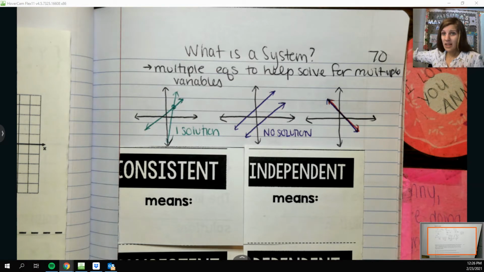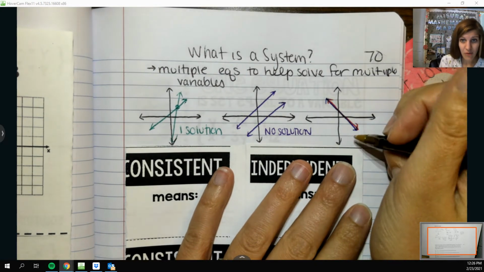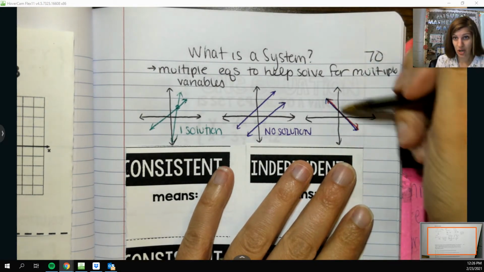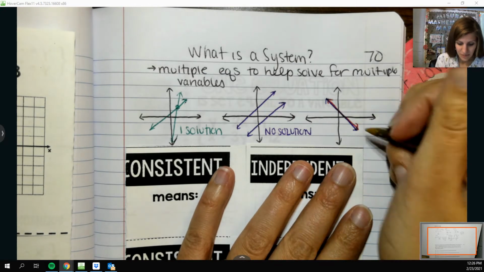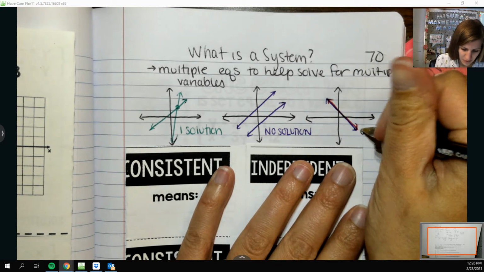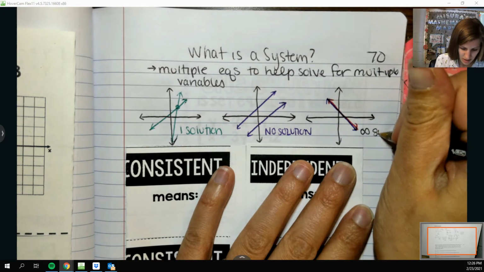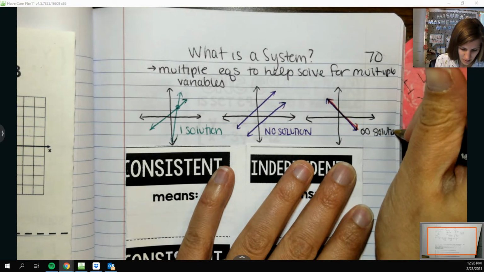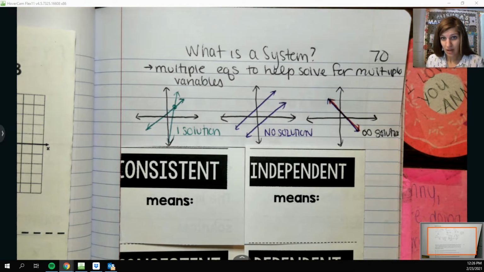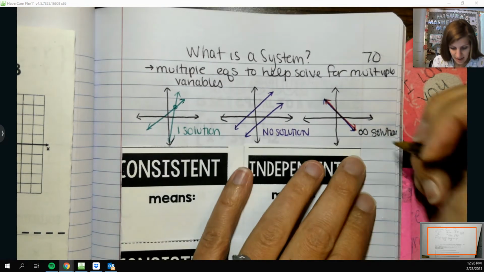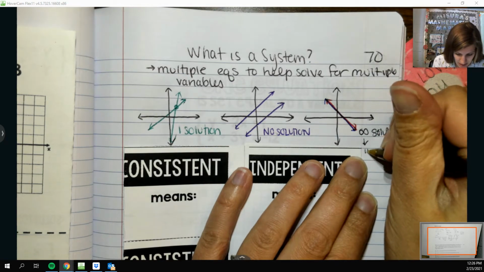Since it's on top of it, it's touching all the time in all the places. That means all of the numbers on here are solutions. Since the line goes on forever, you have infinite solutions, or you could say all real numbers are the solutions. Hopefully we know that the sideways 8 is a symbol for infinity.